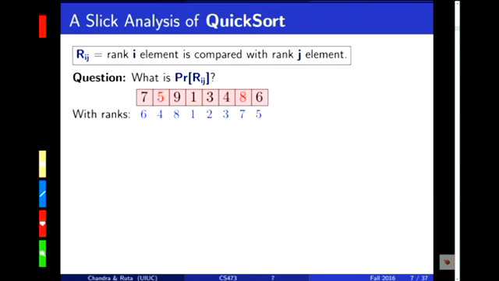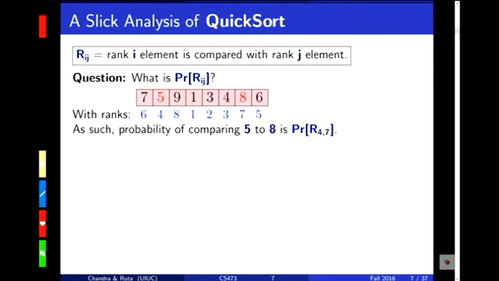Only 2 is missing in this array. So it's 1, 3, 4, 5, 6, 7, 8, 9. That's the sorted order. Now let's say i is 4 and j is 7. I want to check whether 5 is going to be compared with 8. What is the probability of that?